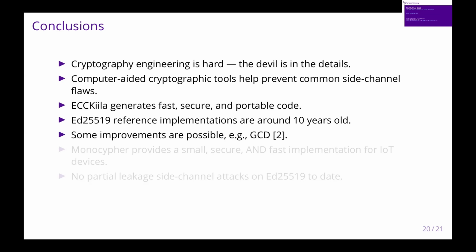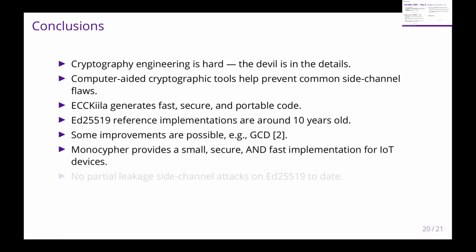The ED25519 implementations are around 10 years old, so there are still some improvements possible, but it will probably gain little speed based on that. From the benchmarks, Monocipher is a good implementation for IoT devices: small, secure, and fast.